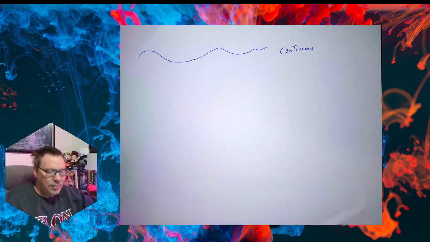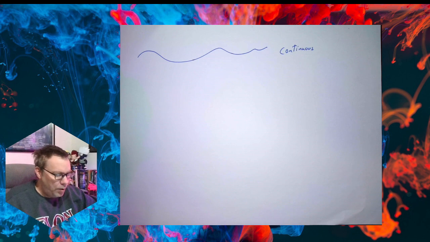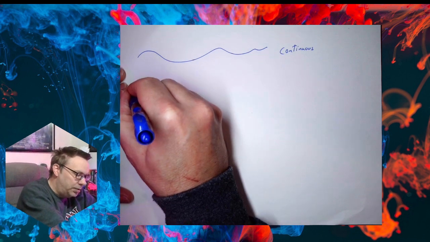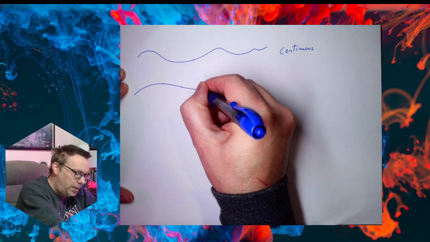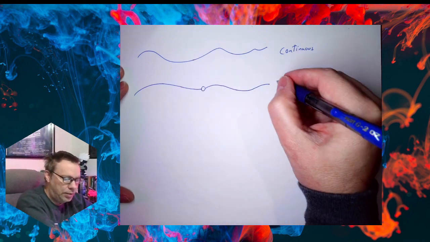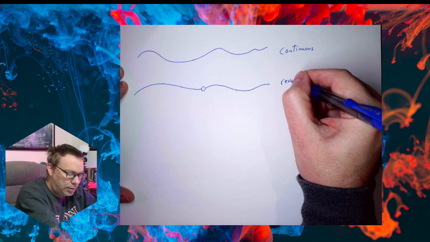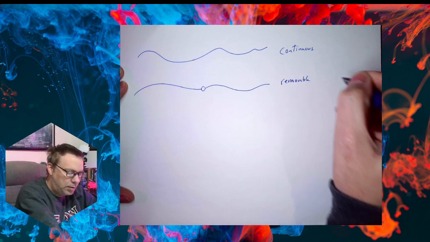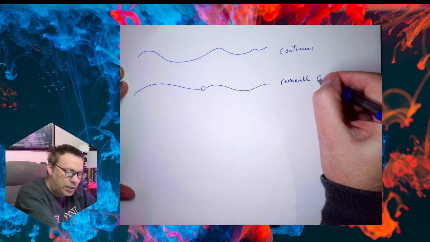Now, what are some discontinuities? Well, one of the discontinuities that we normally talk about is something called a removable discontinuity. So this is a removable discontinuity.